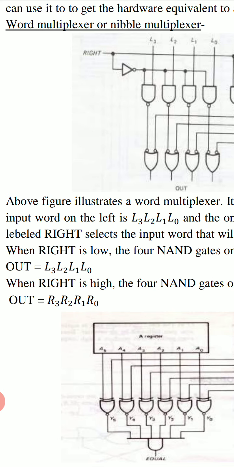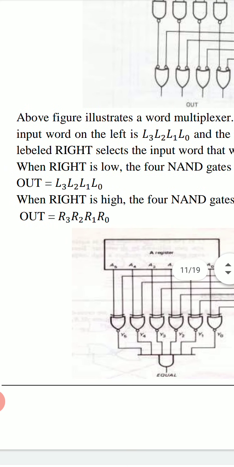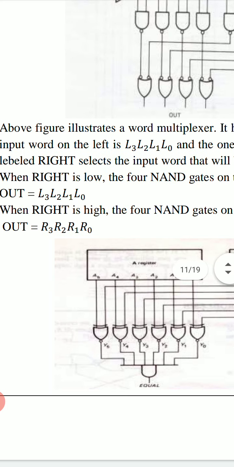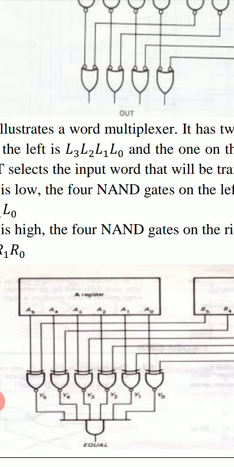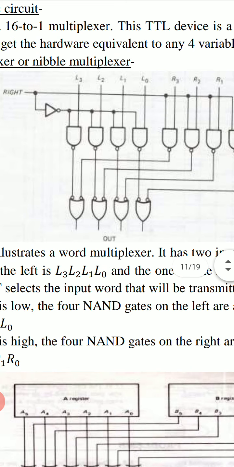So when write is low, we get the left word L3, L2, L1, L0 as OUT, and when write is high, we get the output word OUT as the right word, that is R3, R2, R1, R0. So this figure works as a word multiplexer. We can find in the output either the left word or the right word.